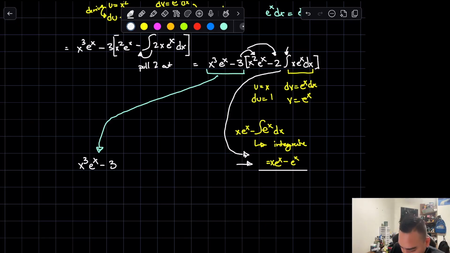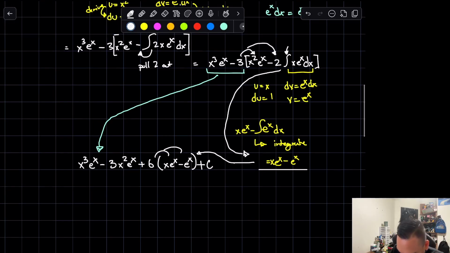So it's going to be 3x squared e^x plus, because it's a negative times a negative, 6, and then we pull this in here. So x e^x minus e^x parentheses plus c.